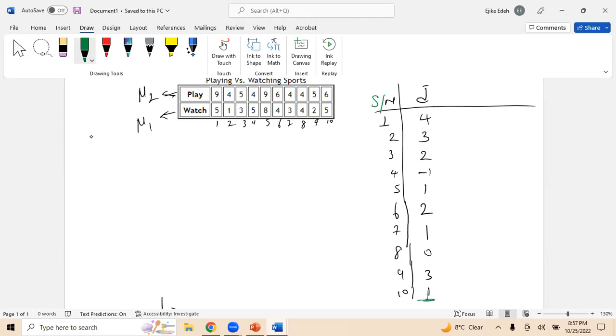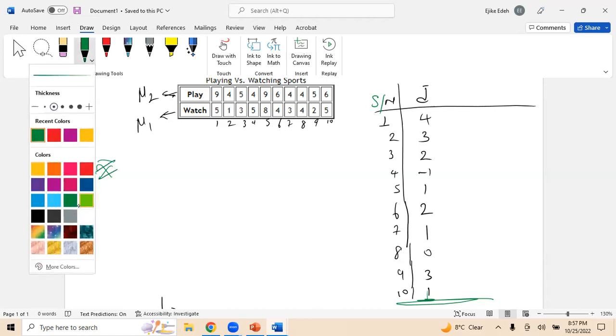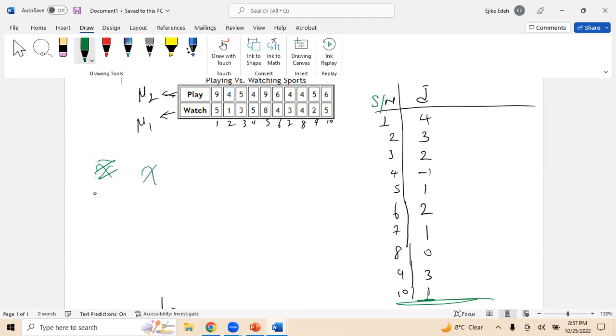So now what we're going to do is sum them up. We are looking for the mean of that difference, right? Symbolically, it is denoted as the mean of the difference.